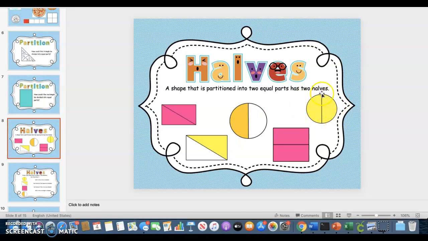Here we have another circle, and 2 halves of the circle are shaded. We have a rectangle, but only 1/2 of the rectangle is shaded. How many halves of this square are shaded? Yeah, 2 halves of the square are shaded.